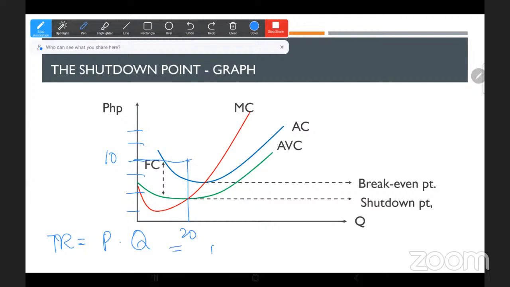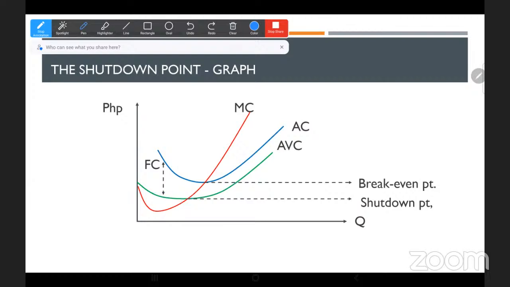It is simply 10 times 20. So every price on the vertical line, the vertical part of this graph, represents revenue. Every price represents a marginal revenue, so contribution to total revenue.